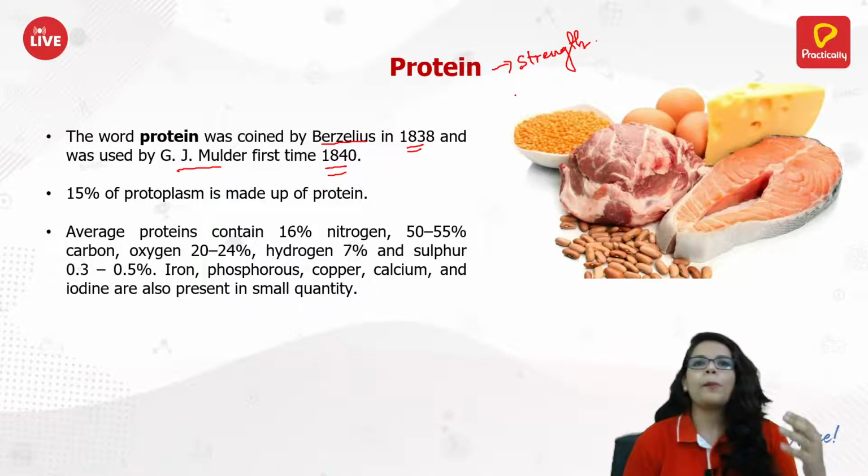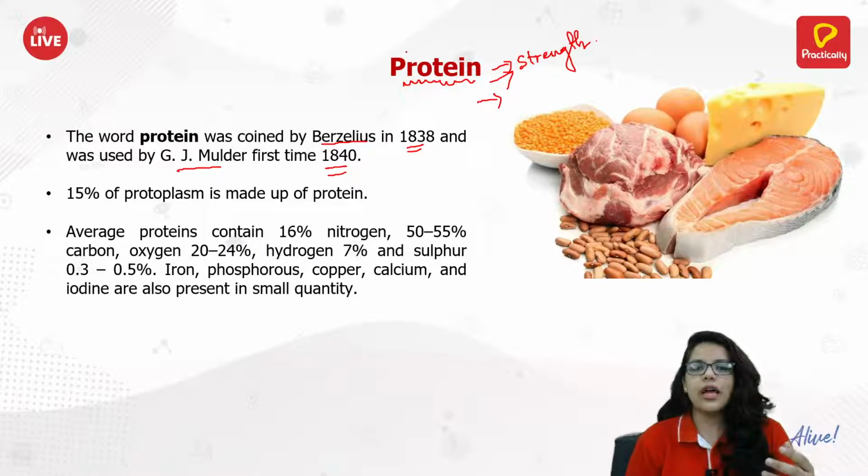Instead of going for something carbohydrate based, you should go for protein. Why? Because it will give you strength and muscle mass. Everything else will just make you gain weight, but not a lot of muscle mass. Protein will give you proper muscle mass, proper strength and everything. That's why it's so important.